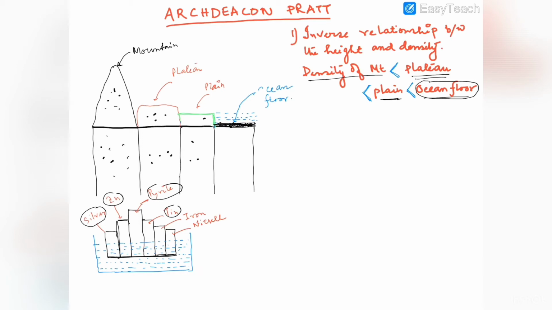They can sink up to a particular level, and this level was named by Pratt as the level of compensation, above which there is a variation in density of the different columns.